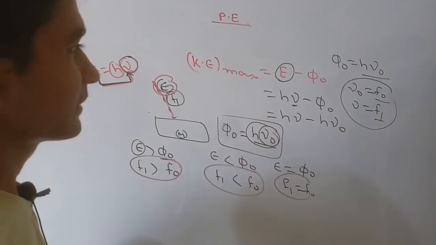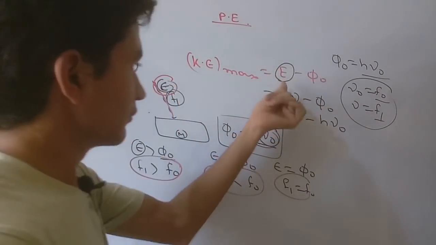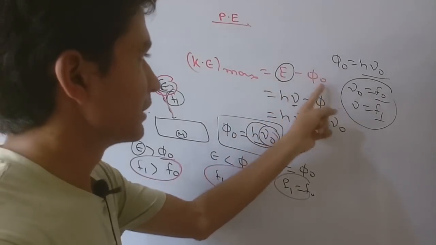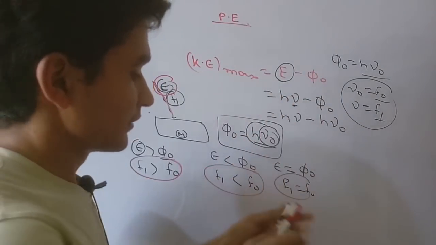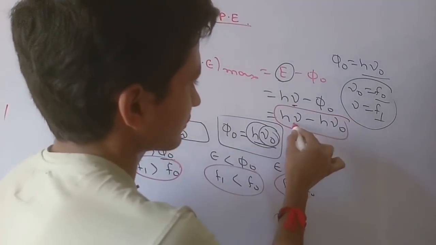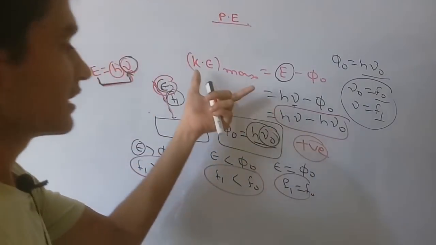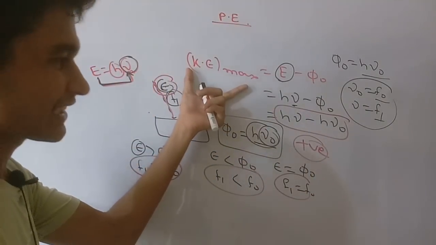So what we have done: the maximum kinetic energy is E, the supplied energy, minus the minimum required energy. If after this calculation you are getting a positive value, it means the electron must have some kinetic energy.